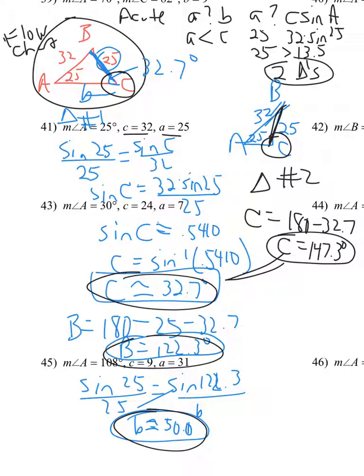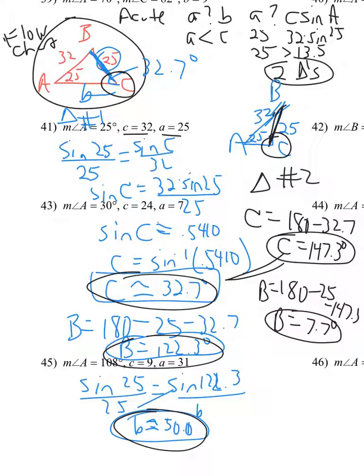Then I have to find angle B by taking 180 minus my 25 degree angle, and then, I'm running out of room here, minus 147.3. So angle B in this second triangle, notice it's a really small angle, is only 7.7 degrees when I do the subtraction.